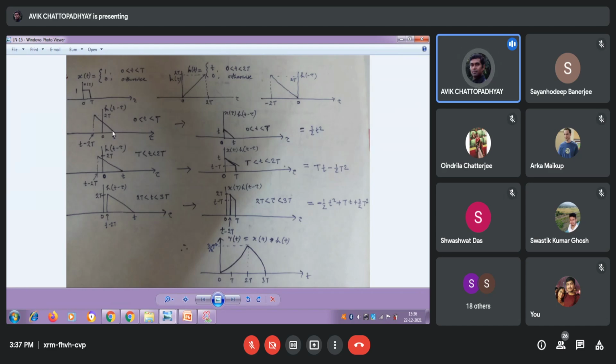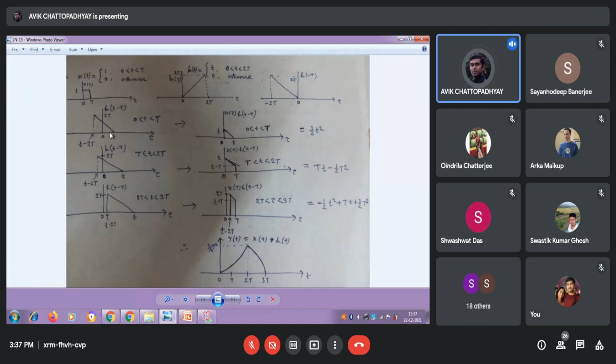In this range, if you multiply, because after all it's a 45 degree angle, this height and base are the same. So naturally, if you multiply at this position between these two signals, at the base you will get t, and at the height you will get t. That means it will be dictated by this point.